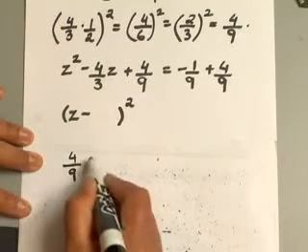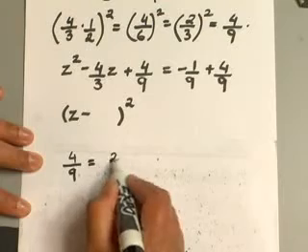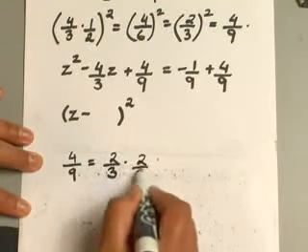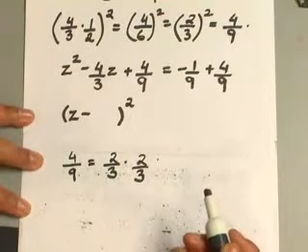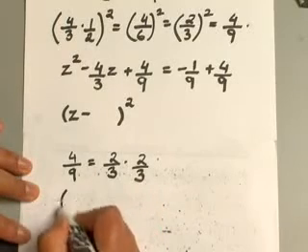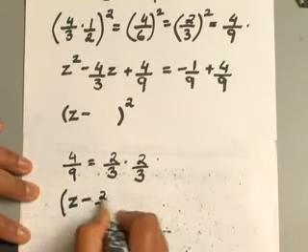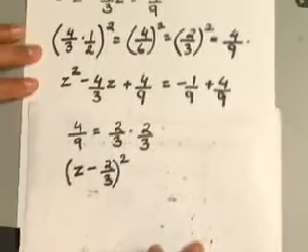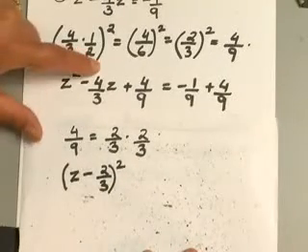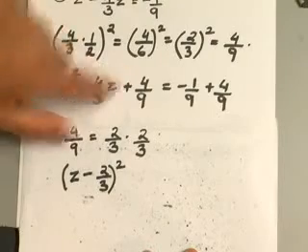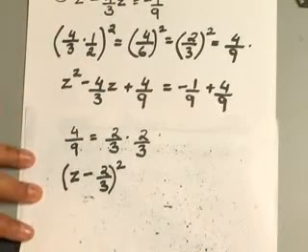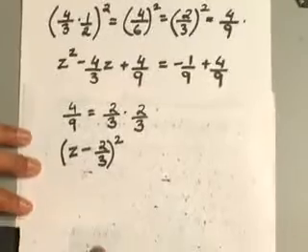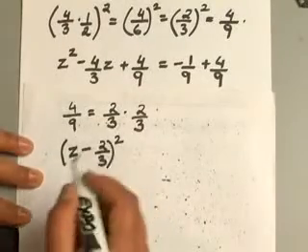Okay, let's give this a try. 4 over 9, we know the factors are 2 over 3 times 2 over 3. And if we factor this into z minus 2 over 3 squared, will we end up with z squared minus 4 over 3 z plus 4 over 9?